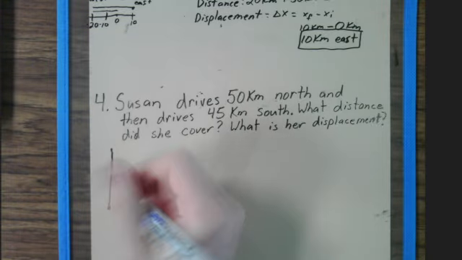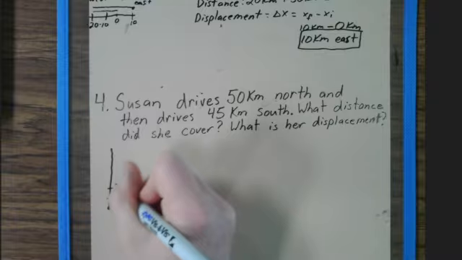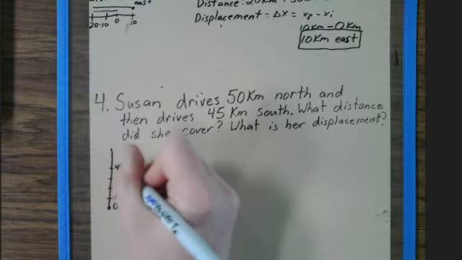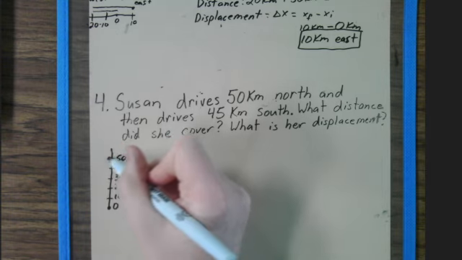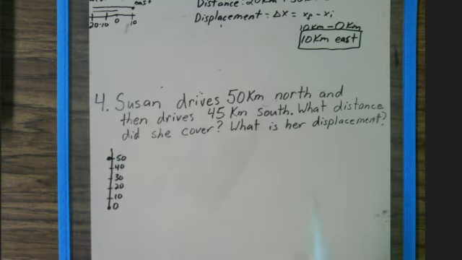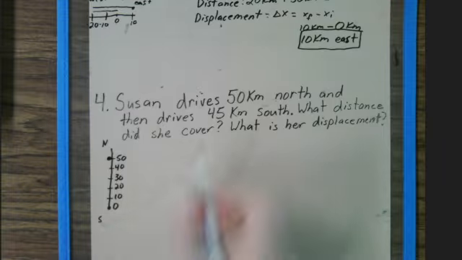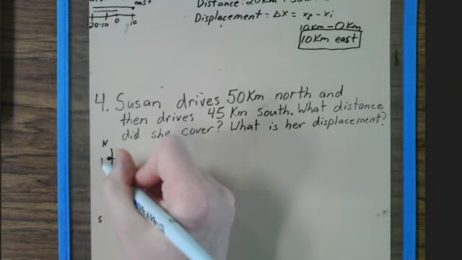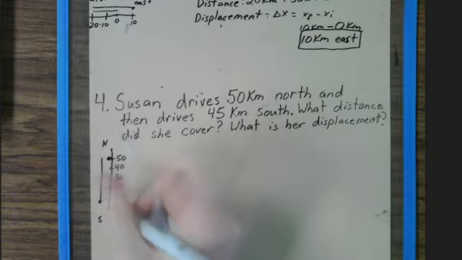Well, she goes 50 kilometers north. I'm going to do it in tens again. 10, 20, 30, 40, and 50. She ends up here at 50. Then she drives south 45. She goes back down and ends up here. Here is going to be 5.